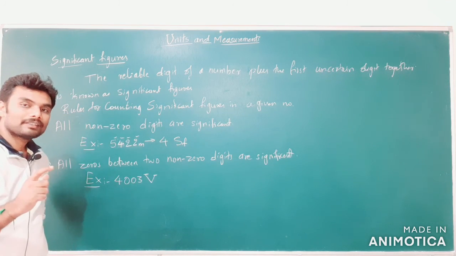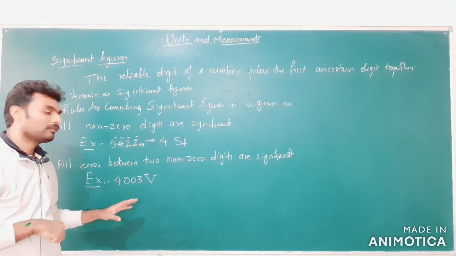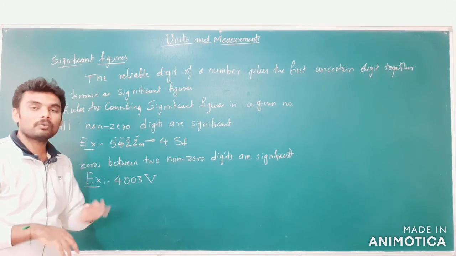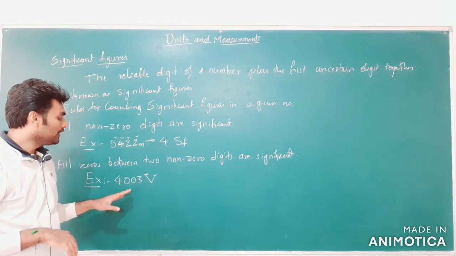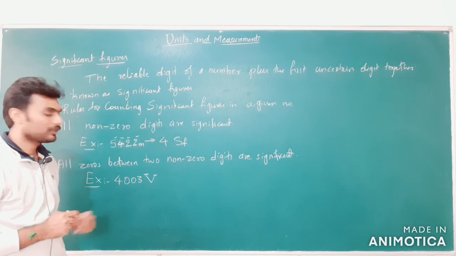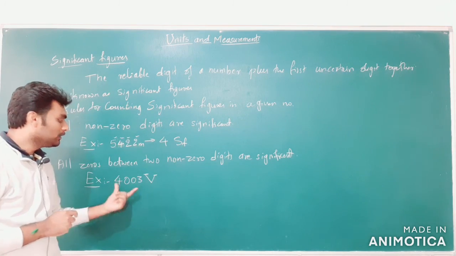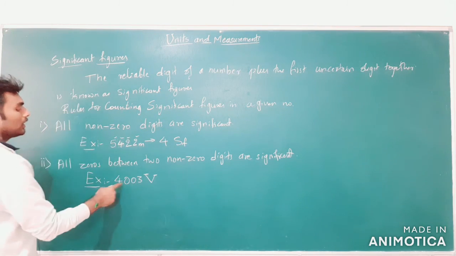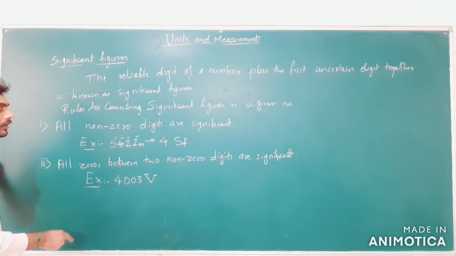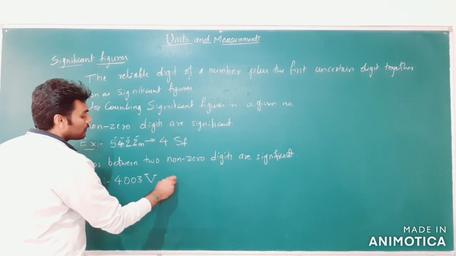So this is the voltage measurement that I have. The quantity can be anything: voltage, length, volume, anything. It's only about the number, the value of the measurement, that we are concerned about now. 4003.